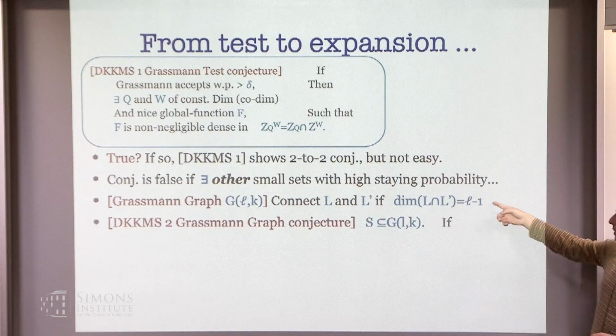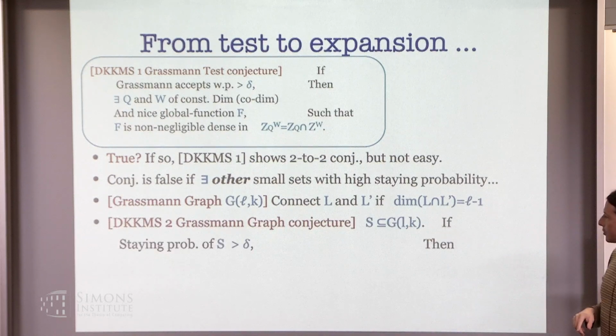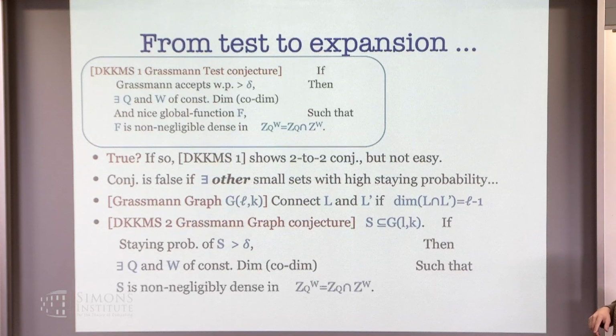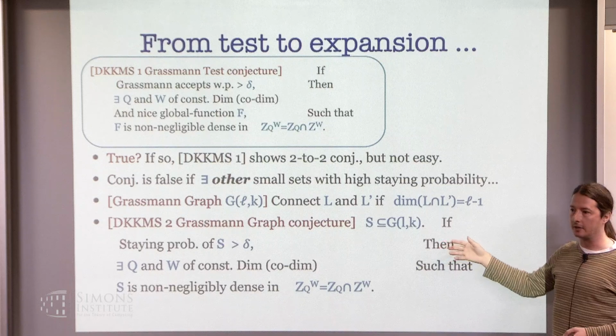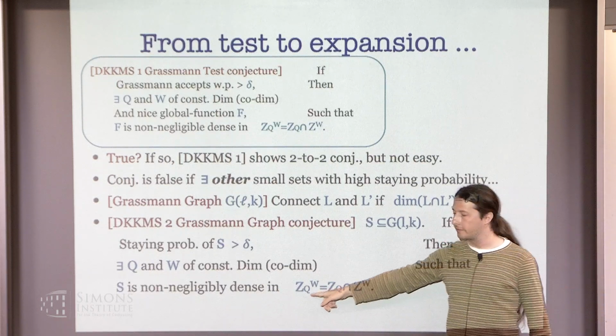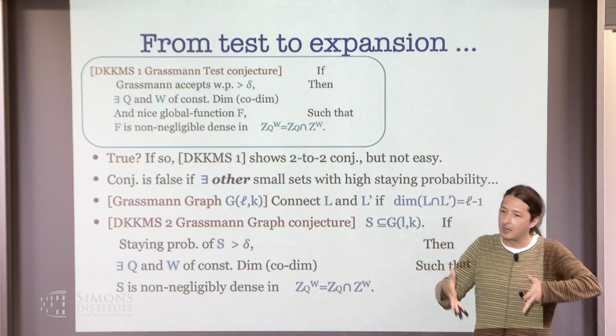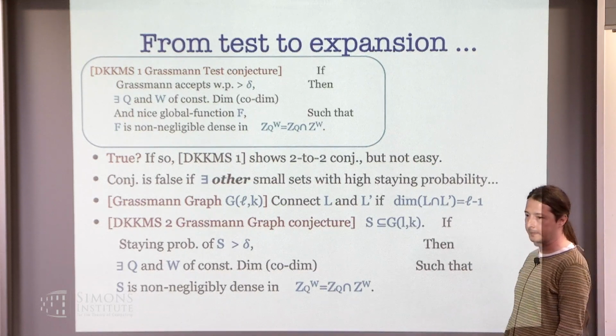Right, so this is the graph that I already defined. And there was another conjecture that says that the only sets that have a high staying probability are sets which are of this form, or at least have some large set which is roughly of this form. And from here the story, I will not go with the slides because there's not enough time. I'll just tell more or less the story.